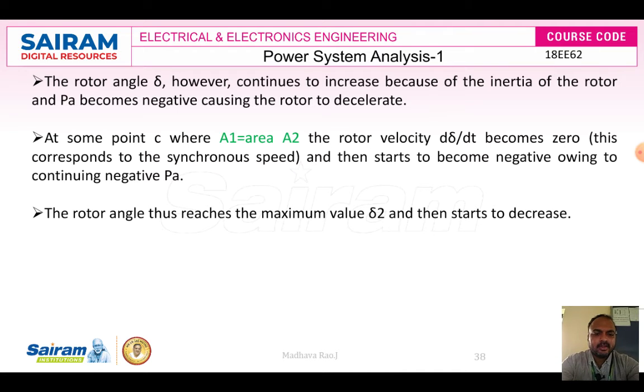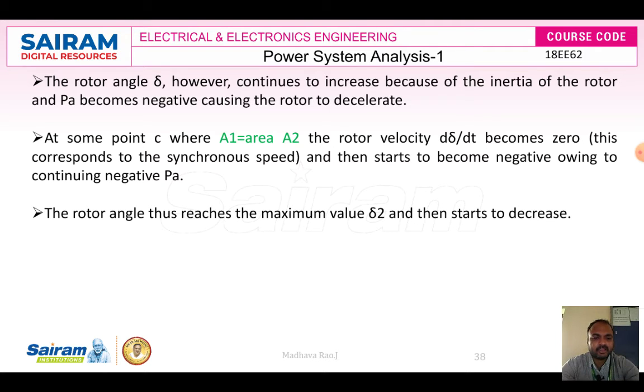It then starts to become negative owing to the continuously negative PA. When decelerating, the power is negative; when accelerating, the power is positive. These are the conditions you have to understand here. The rotor angle thus reaches a maximum value, delta 2, and then starts to decrease.